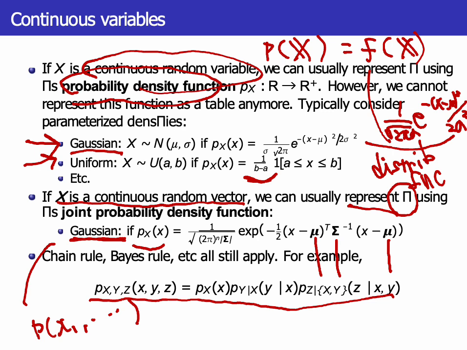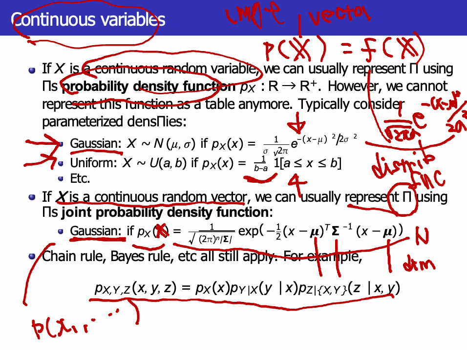So for continuous variables with vector variables, like an image, you can assume Gaussians. For vector Gaussians you can still assume this, but x is a vector, so you get an n-dimensional Gaussian if your vector has n dimensions.